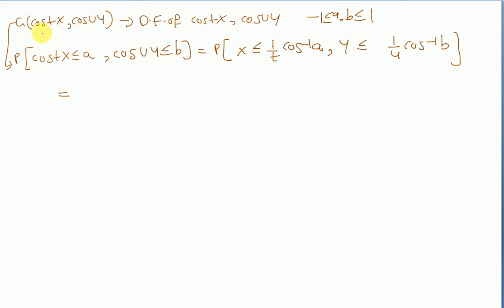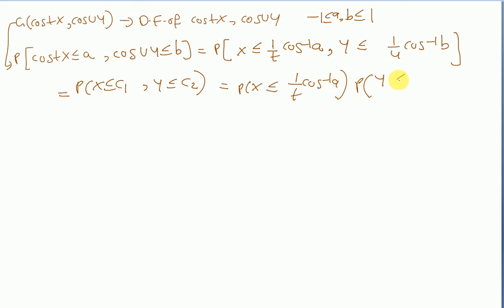And if this probability is written as probability x is less than c1 and y is less than or equal to c2, and if x and y are independent too, then we write probability x is less than or equal to 1 upon t cos inverse a times probability y is less than or equal to 1 upon u cos inverse b.